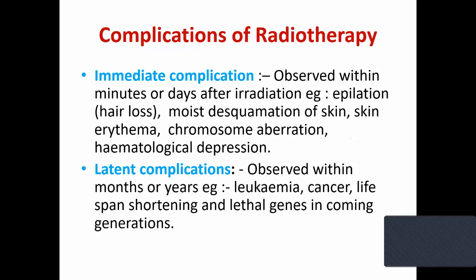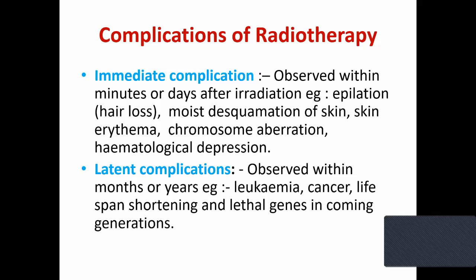Next is what complications we get from radiation damage with radiation therapy, right? So there are two types of complications: immediate complications and latent complications. Immediate complications are observed within a minute, or within a day, or within 24 hours, I think.